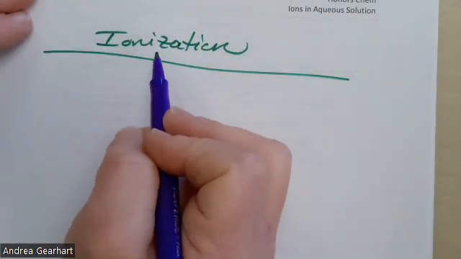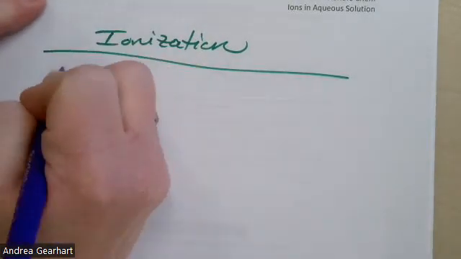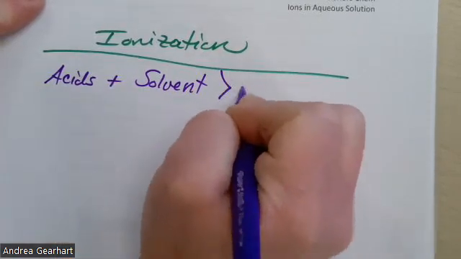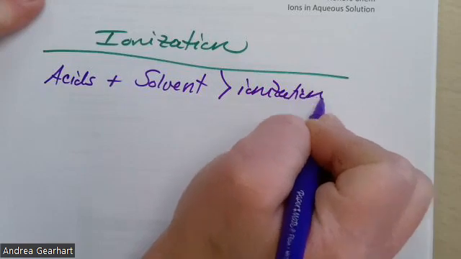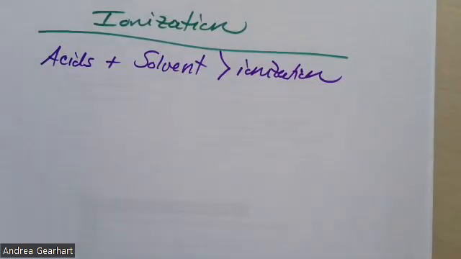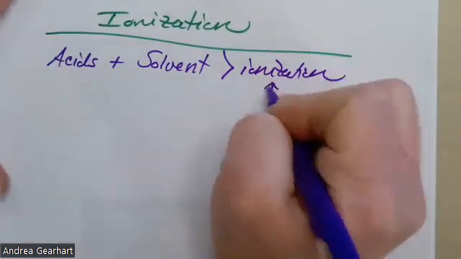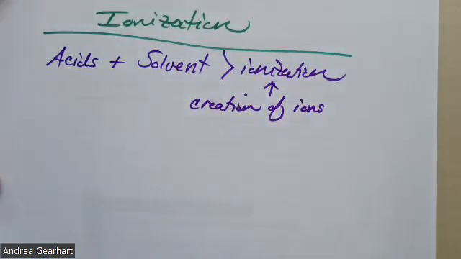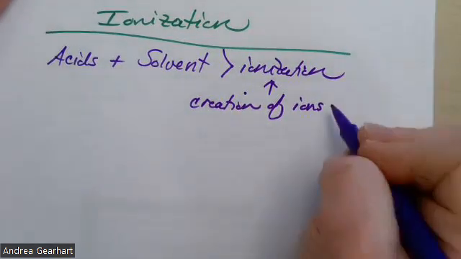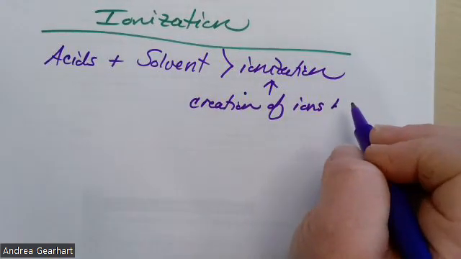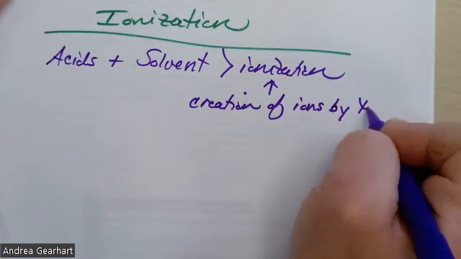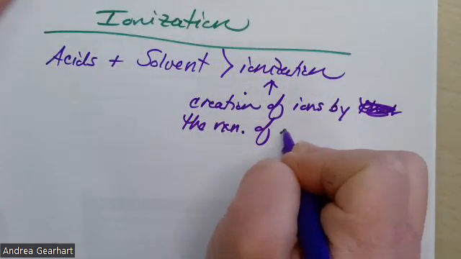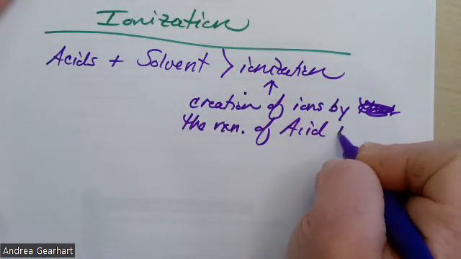Acids in solvent ionize. So if we would give a definition to ionization, ionization is the creation of ions from or by the reaction, oh, shucks, sorry, by the reaction of acid plus solvent.